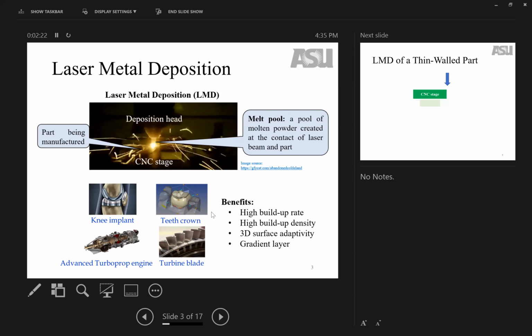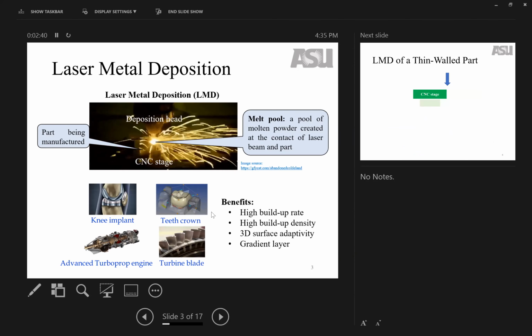As an additive manufacturing process, LMD is advantageous in its flexible design and fast manufacturing. It has a lot of potential for customized production, for example, the knee implant and teeth crown.